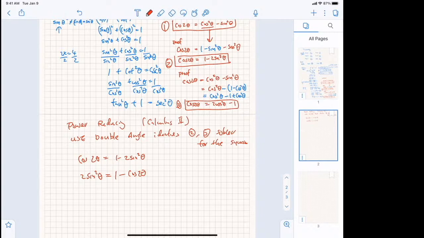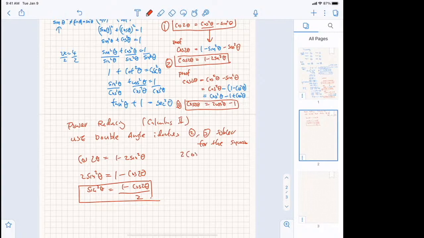And then divided by 2, so that's going to be sine squared theta is equal to 1 minus cosine of 2 theta over 2. So this becomes a power reducing, but power reducing is actually getting from double angle identity 2 and double angle identity 3.